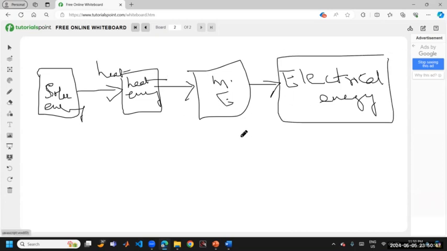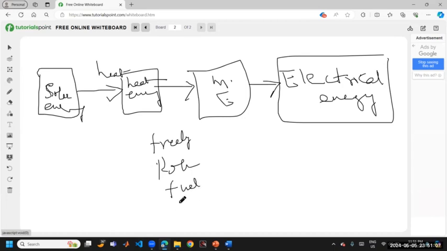So here, the advantage of solar energy is that it's freely available and abundant. There is no air pollution, and the availability of fuel is unlimited.